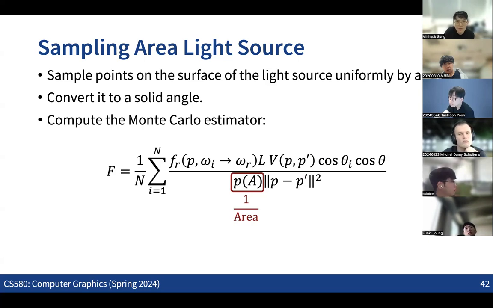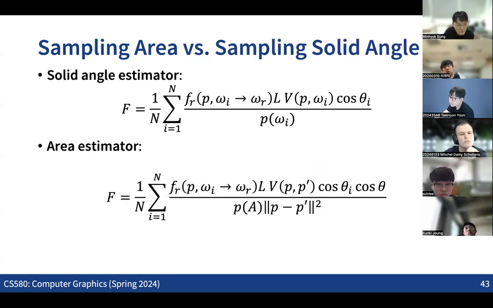So this can be considered as a kind of importance sampling, right? We are changing the domain where we are sampling points, in a way that we can have a different estimator for the same reflection equation. So this is the case where we have an estimator by sampling the solid angle.